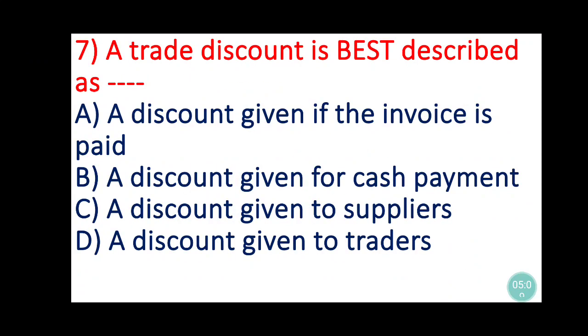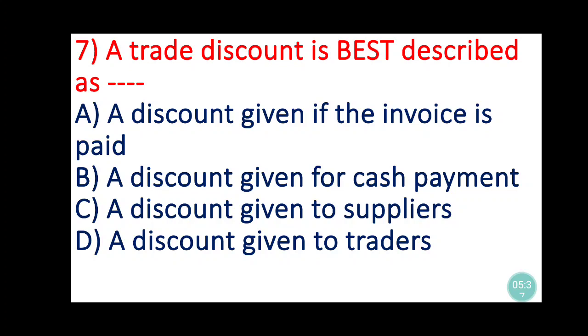Seventh one, a trade discount is best described as. Discounts are of two types: trade discount and cash discount. A trade discount is a discount given to a customer who buys in large bulk quantity.